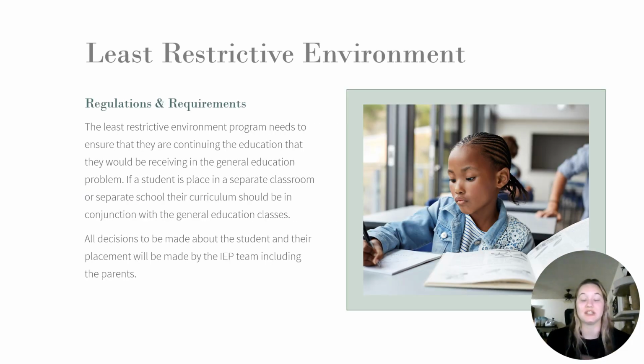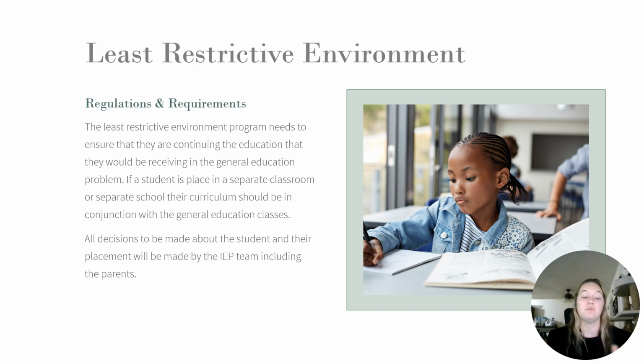So what are the regulations and requirements of providing the least restrictive environment? No matter where the student is, we do need to ensure that they are continuing the same curriculum and the same education that all the other students are receiving. Whether they are having to be removed because of a severe situation behaviorally, or so they can get extra help so that they are able to take in the knowledge, or whether it's a resource room where they need to take a break, we want to ensure that they're getting the same content and following the same curriculum as every other student.